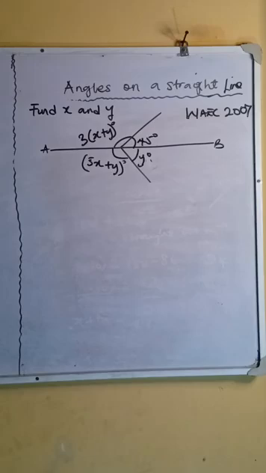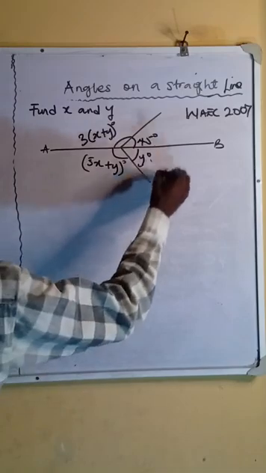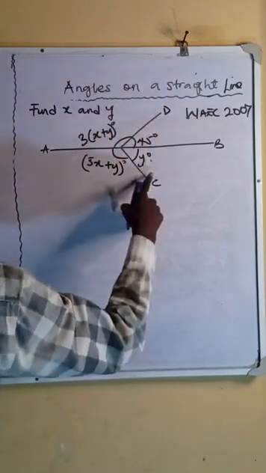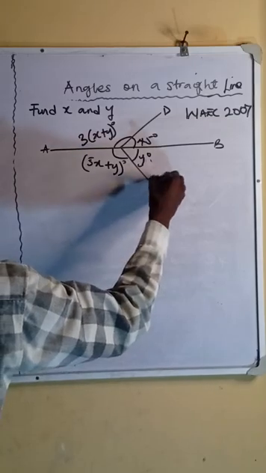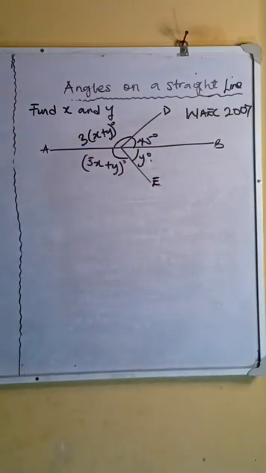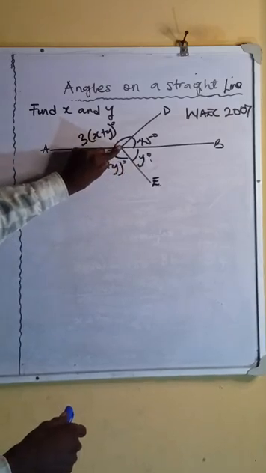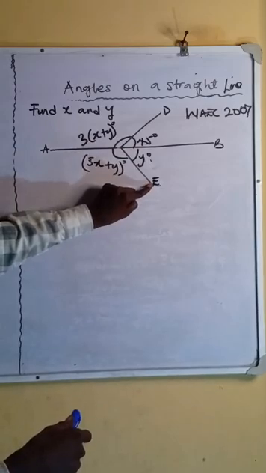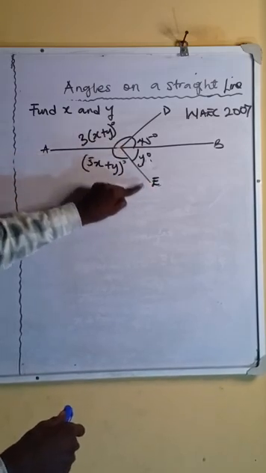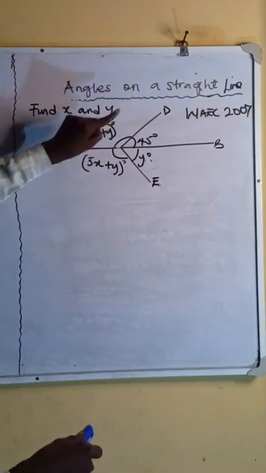If you look at this line, if this is labelled C and D, let me use ED, you see that it is not a straight line. It is straight to this point and stops here, so you cannot look at it that way.